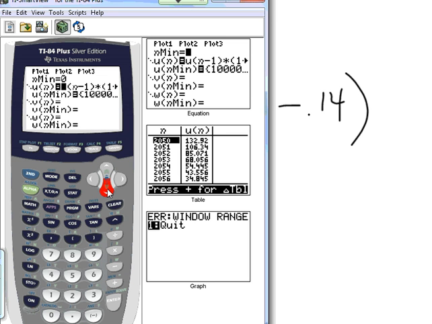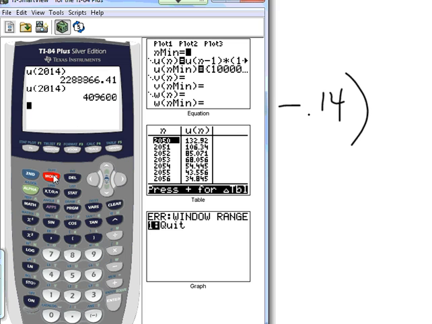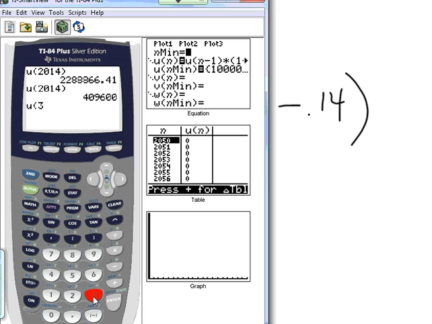Then, when I ask you, how much was the 1 million worth 3 years later, do you get how when you go out here, you would say U sub 3 for 3 years later? See what I mean? It all depends on how you start. And after 3 years, it would have only dropped to 512,000.